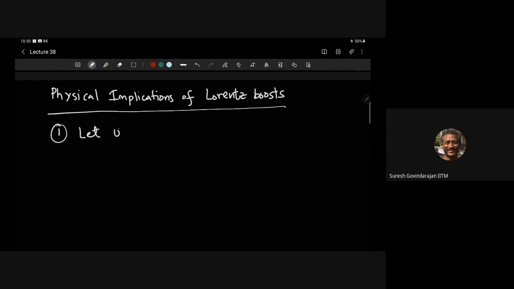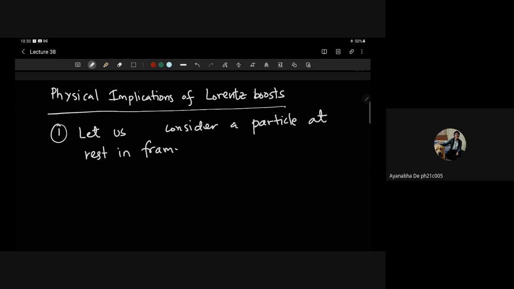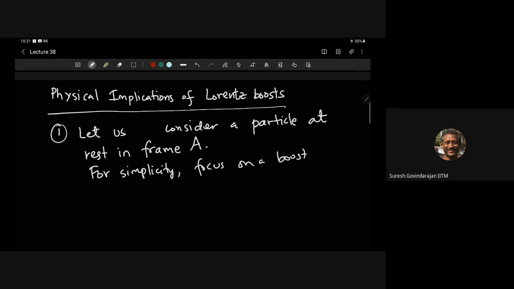Let us consider, we'll go back to the two frames A and B, if you remember. And for simplicity, I will just assume that there's only the X direction, so focus on a boost in the X direction.